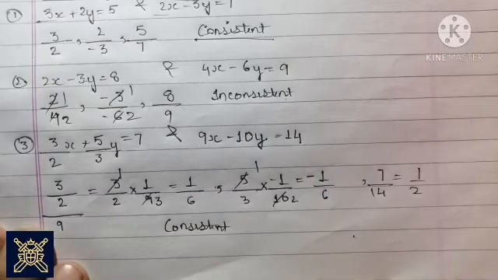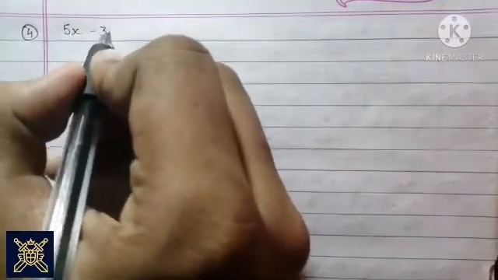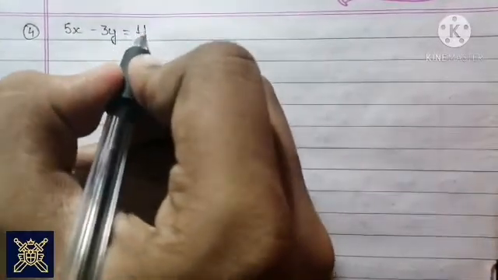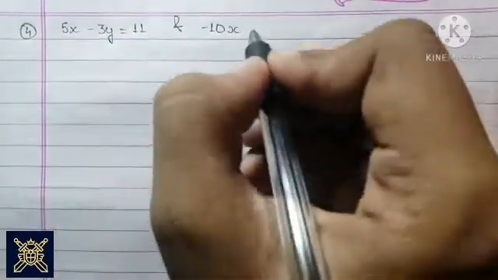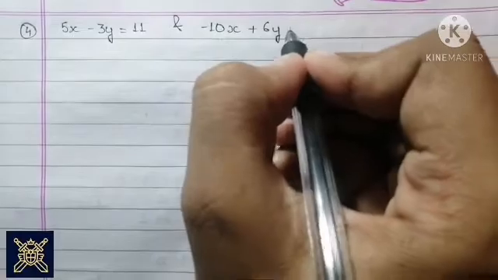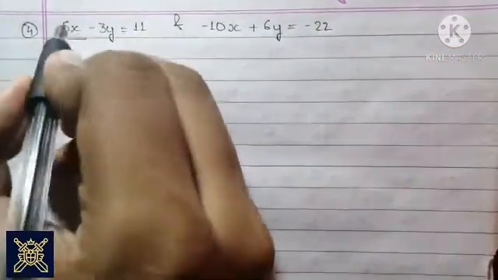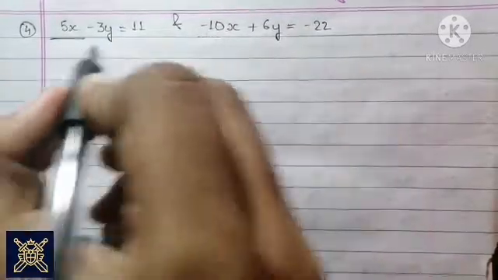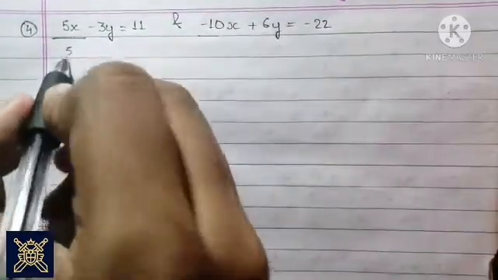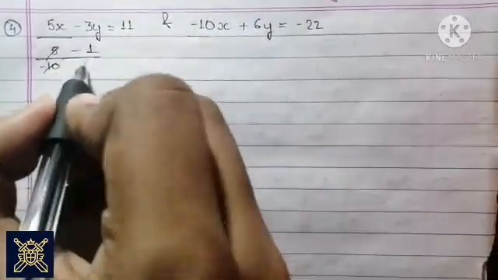Now let's move on to the fourth. In the fourth part, we have 5x minus 3y is equal to 11 and minus 10x plus 6y is equal to minus 22. Again we will find the ratios. Here a1 is 5, a2 is minus 10. So 5 by minus 10 will give you minus 1 by 2.